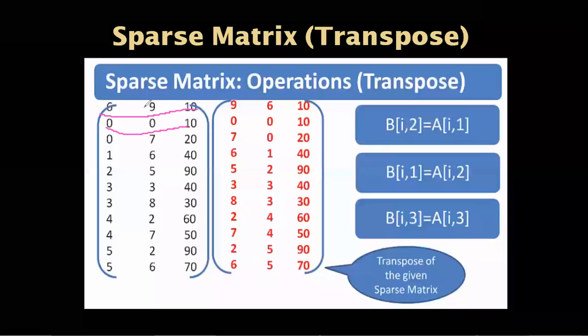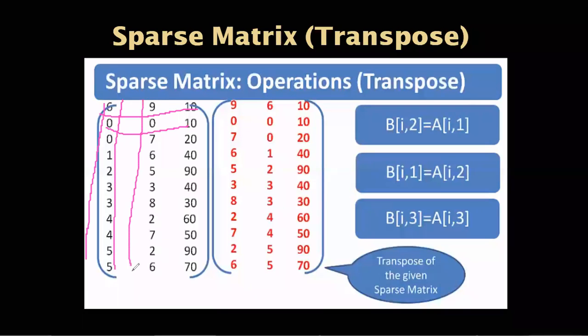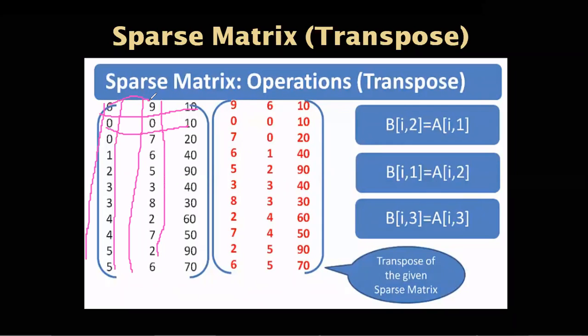In the transpose, the first column represents the row value and the second column represents the column value. So we are just exchanging. Transpose means we are exchanging rows into columns, and columns into rows, vice versa.